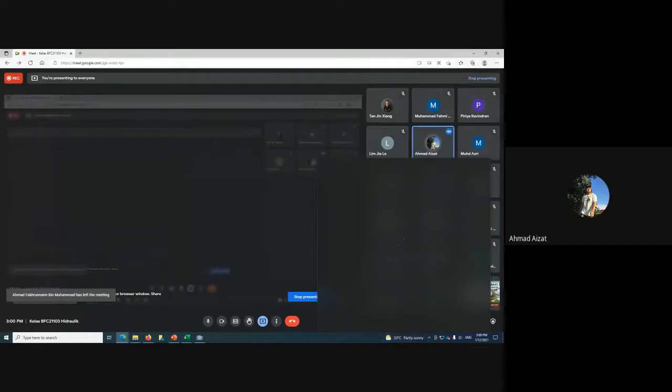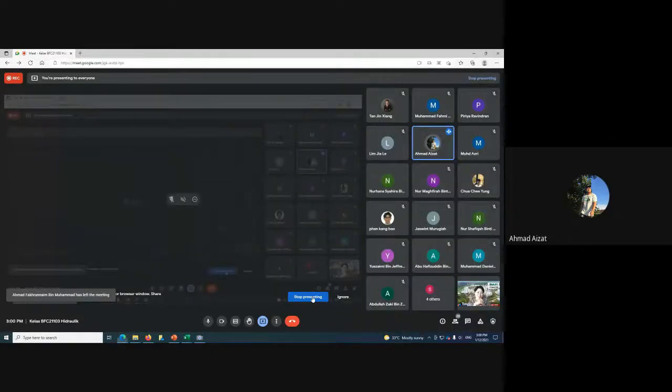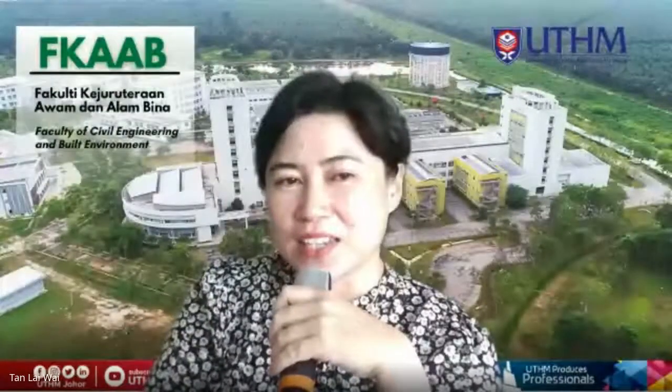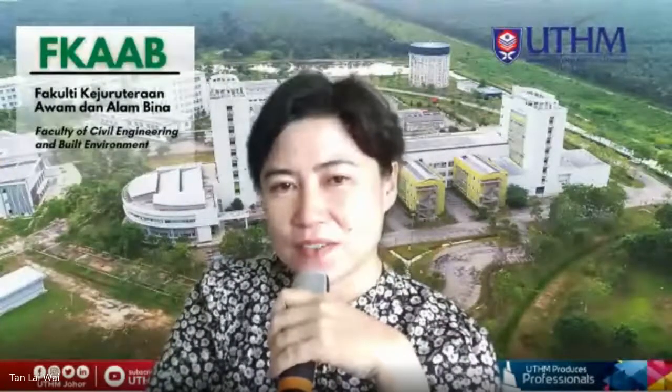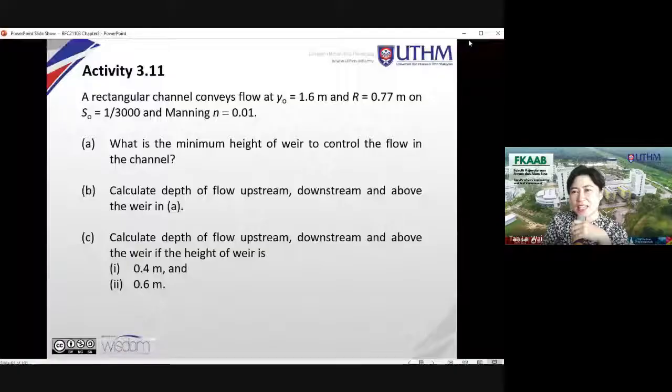Aizat: boleh tunjuk balik tak kenapa yang B tadi tu kes 2? Sebab saya tak faham. B? Oh, boleh. Saya boleh explain balik. Okay, kejap kita share window. Okay, nampak kan? Aktiviti 3.11 kan, Aizat? Tengok soalan pertama dikata apakah ketinggian minimum untuk mengawal aliran dalam saluran, betul?